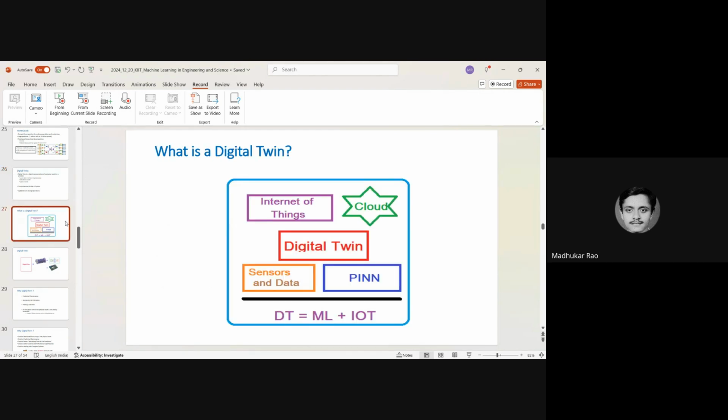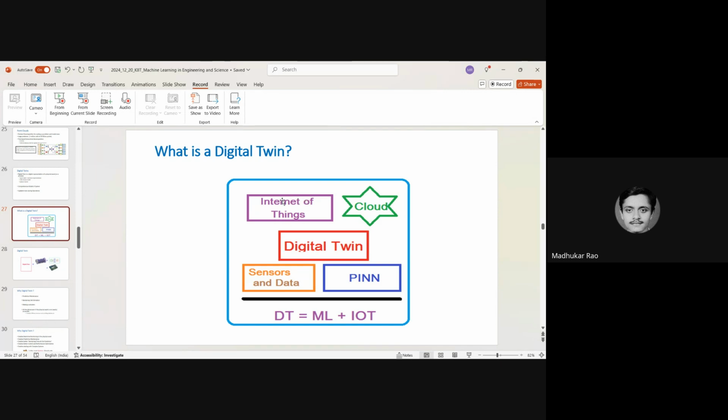So this is a pictorial representation of a digital twin. In the center, you see the logical digital twin, a block diagram. And on top, you see the Internet of Things, IoT or sensor devices, and so on.